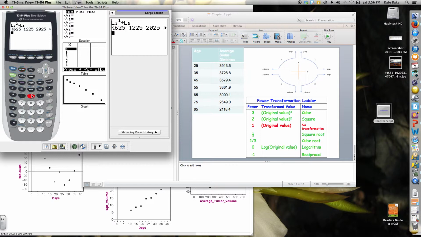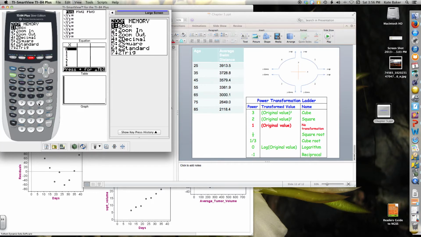So list 4 squared, store list 6. When I go to my stat plot, I'm going to change that to list 6. And I'm going to look at my graph.